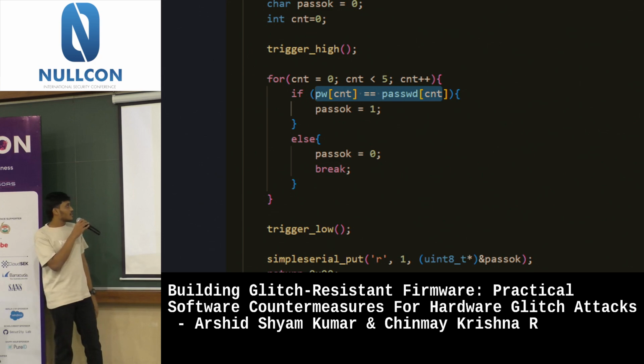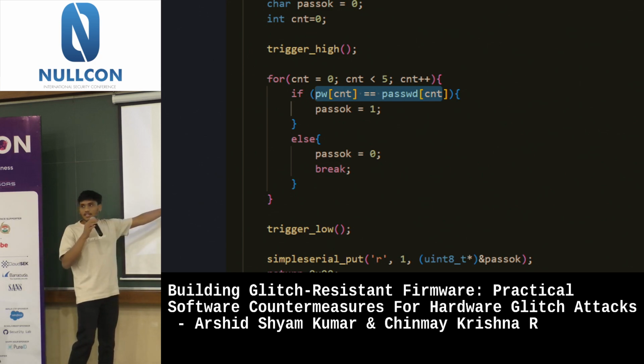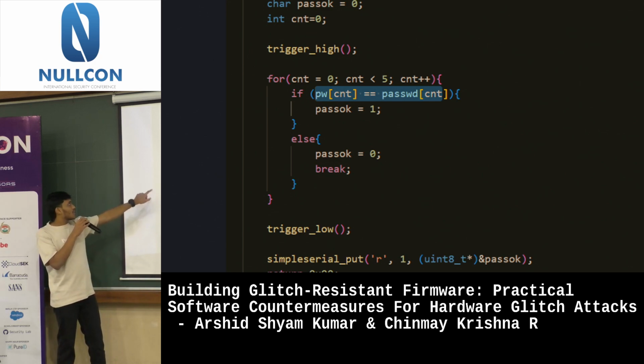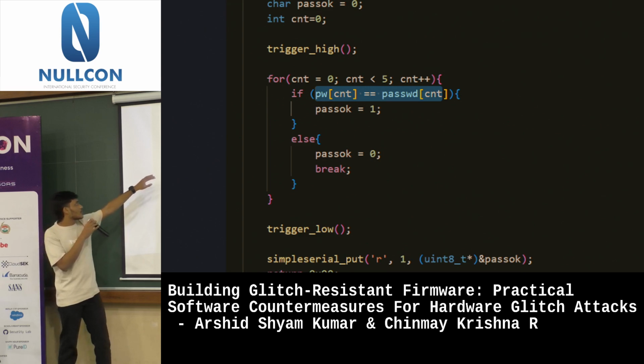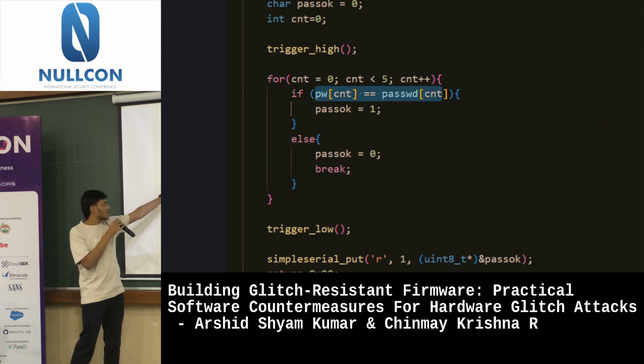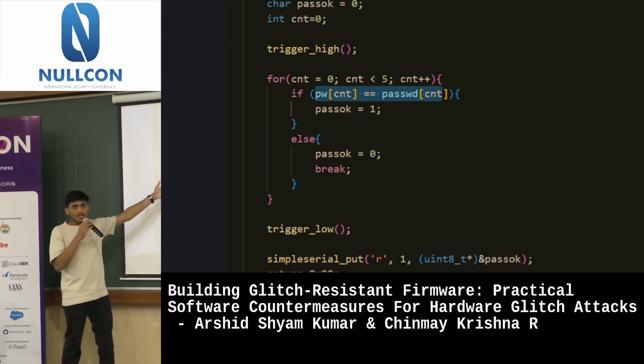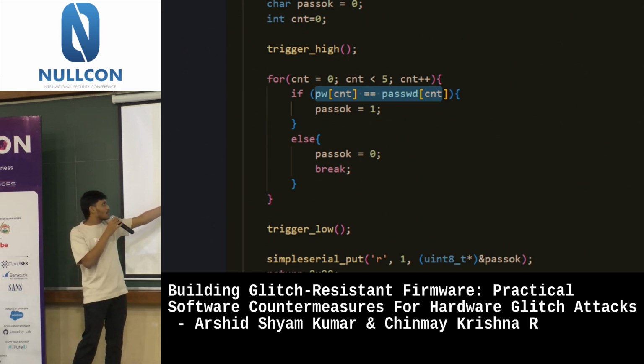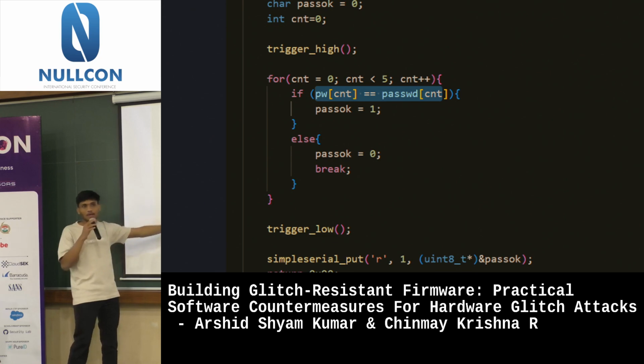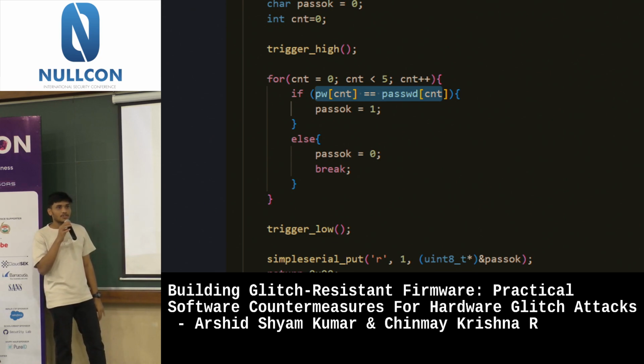Interestingly, because of this break statement, I, as an attacker, would be going into the else case because I don't know the password. And if I time my glitch to corrupt the password key variable, just one bit flip can change my password key of 0 to a password key of 1.